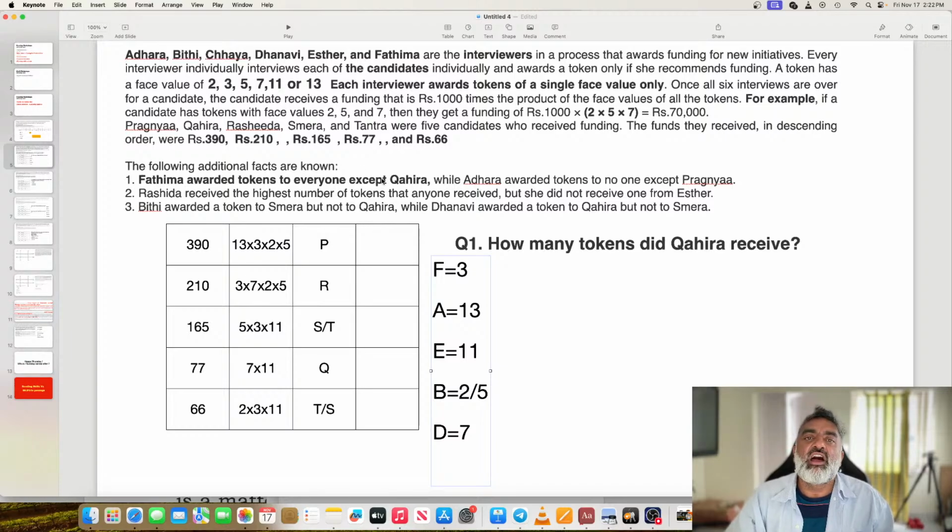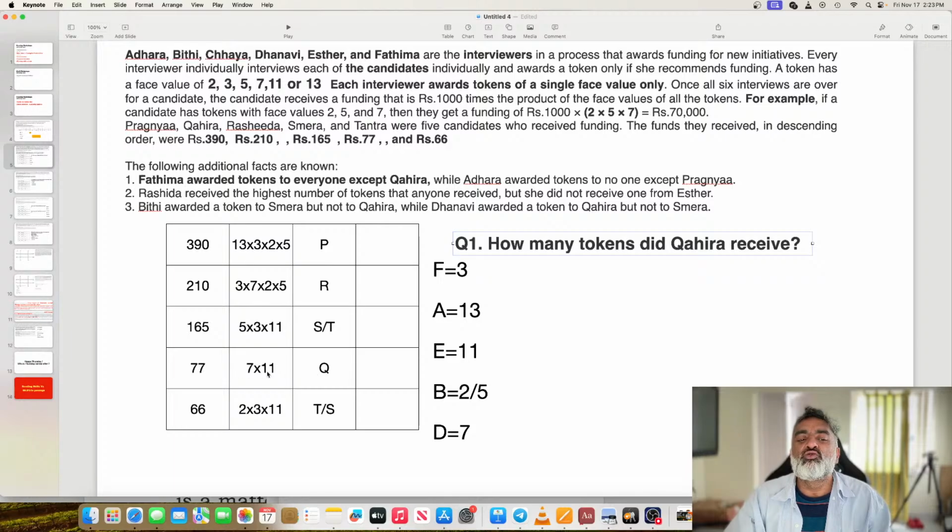So I can now move to the questions, and either the question will have more information which will help me resolve this, or whatever answers I need can be worked out from whatever information I have. But also, for example, this particular question could have been figured out 2, 3, 5 minutes ago because we had this data very quickly. How many tokens did Kahira receive?